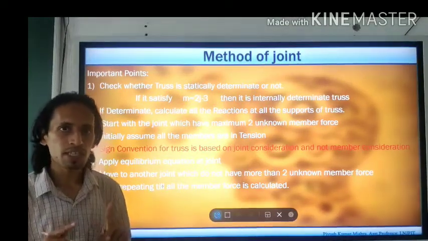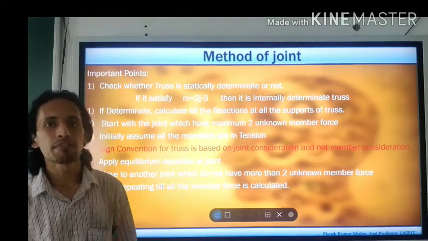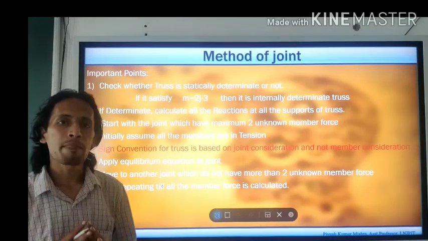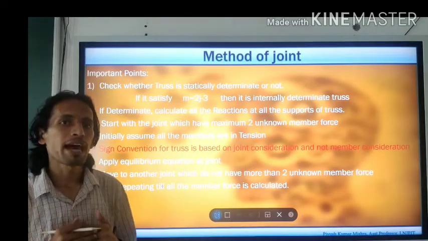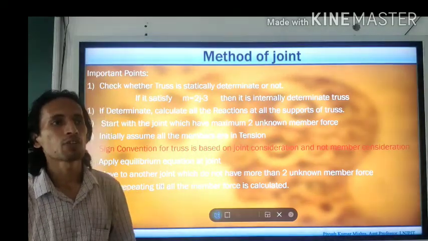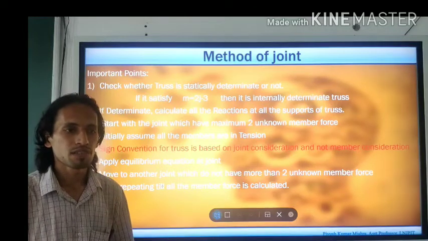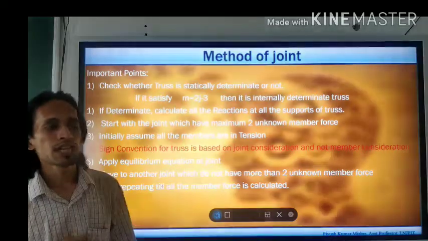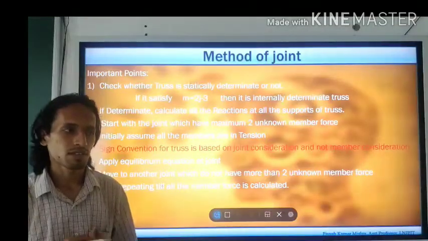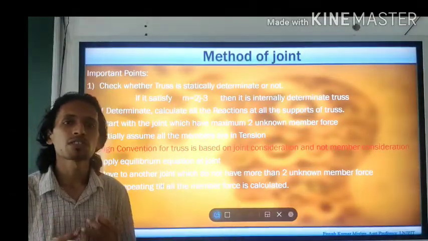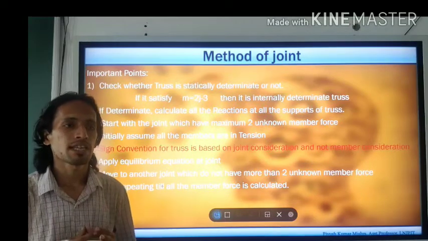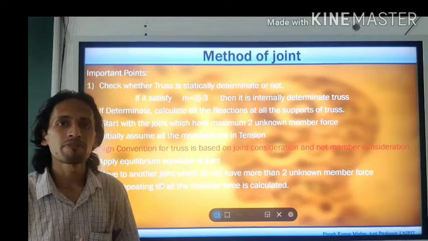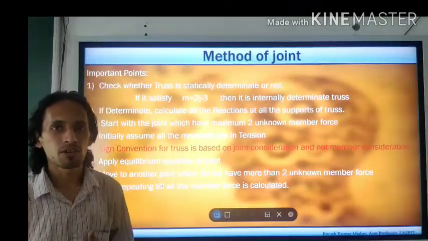So first you should see whether it is determinate or indeterminate. How will you check? Although we have already studied how to calculate static indeterminacy, you can go back to your notes from the last semester and see how indeterminacy is calculated.